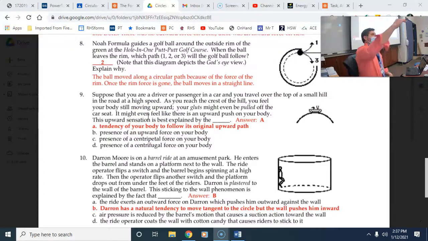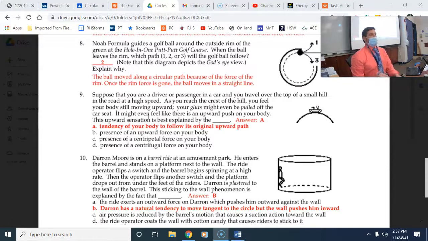Remember, you want to go to the outside of the turn. So a hill is like a turn, right? It's just a vertical turn when you're riding on the top of it, right? So when that happens, we've all probably experienced this before on a road. If you ever went over a quick bump on the road, you might get that stomach-dropping feeling for a moment. Or on a faster roller coaster where you go over the hill, a bump, you really feel that, right?